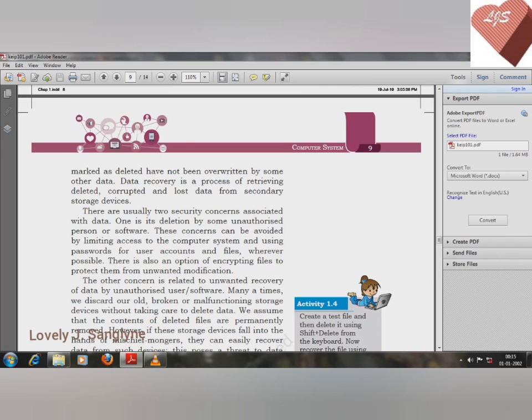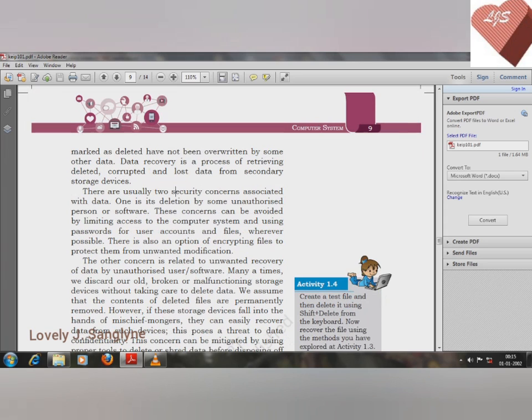And there are usually two security concerns. When data recovery is being done, that means the process of retrieving the deleted data, the data that were deleted by us or the data that were corrupted and lost from a secondary storage device, there are two security concerns associated with this.